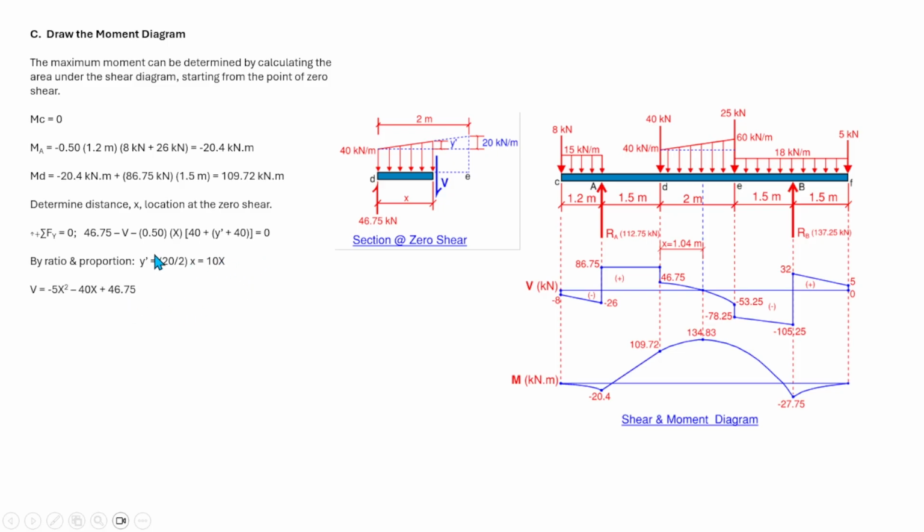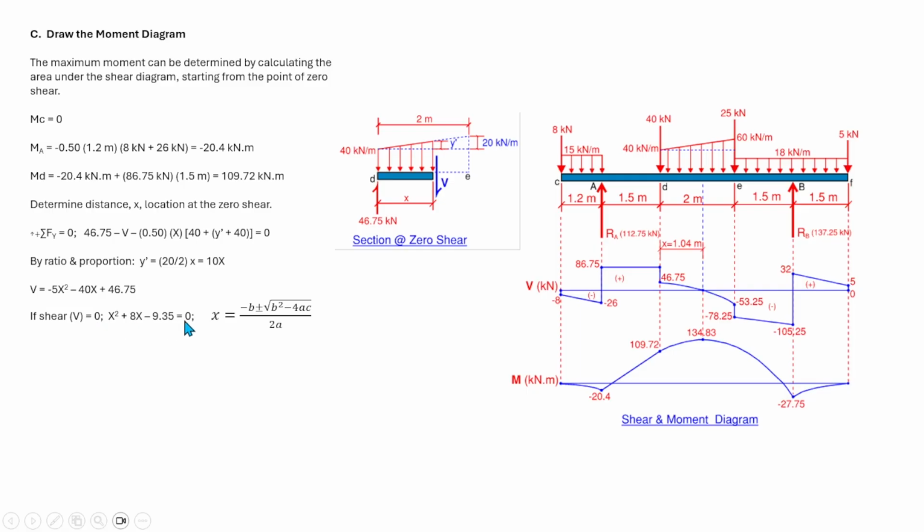So the equation of shear is reduced to minus 5x squared minus 40x plus 46.75. At this location, we have the condition that shear is equal to 0.